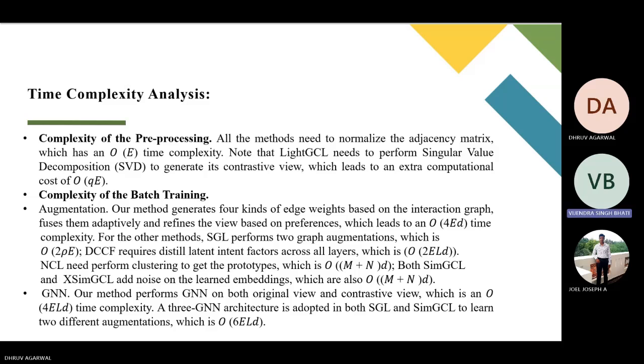NCL uses clustering for prototypes which in itself has an order of O of M plus N times D, while SimGCL and XSimGCL add noise to embeddings, which in turn has a time complexity of order of M plus N times D. And the GNN application part, our approach applies the GNN to both the original and contrastive views with 4 ELD complexity. Comparatively, SGL and SimGCL utilize a 3 GNN setup resulting in order of 6 ELD complexity.